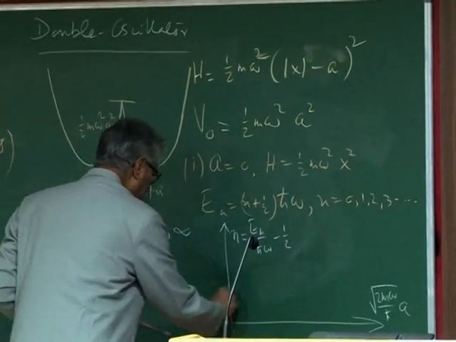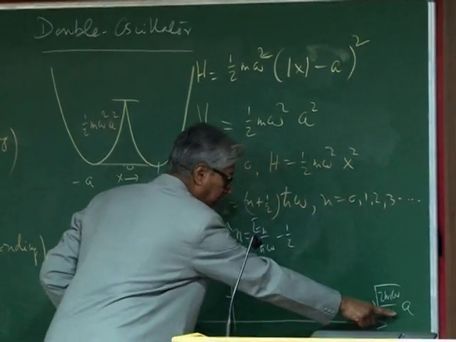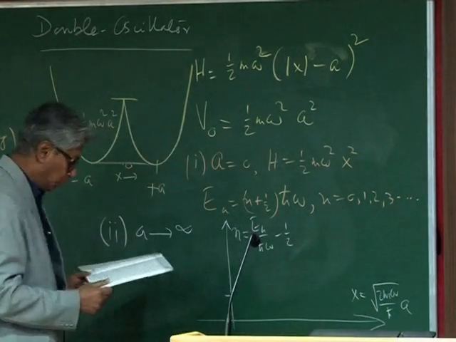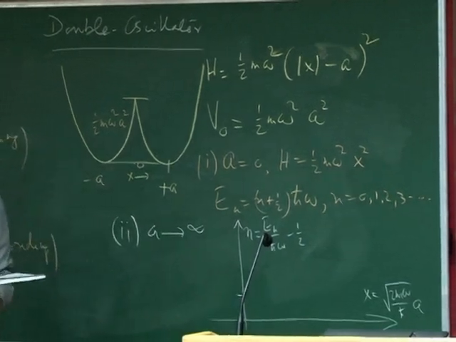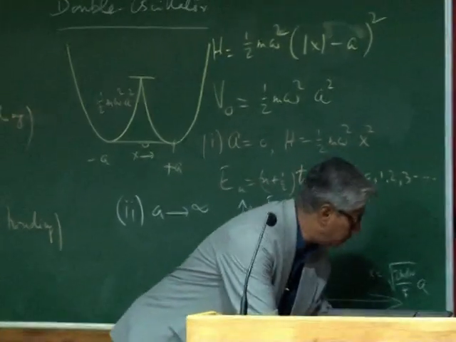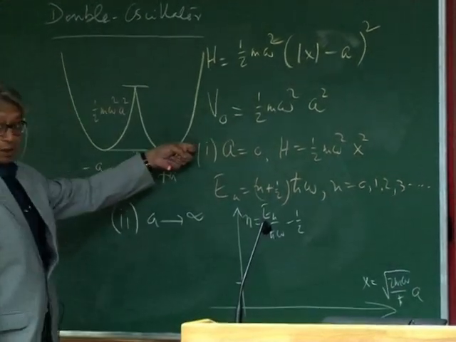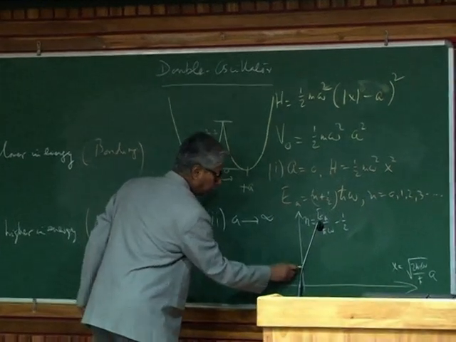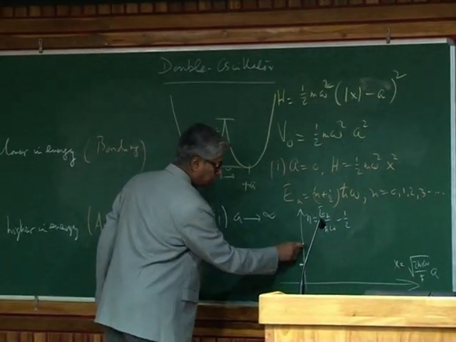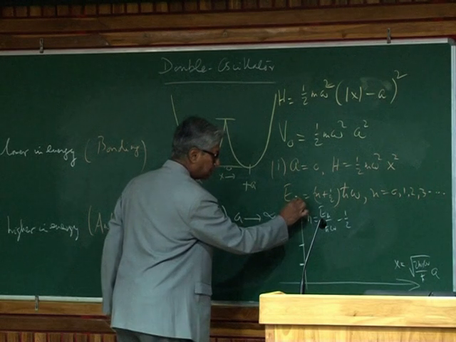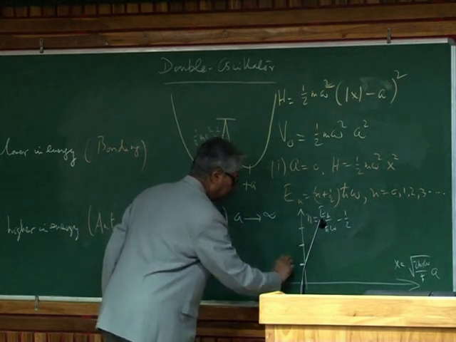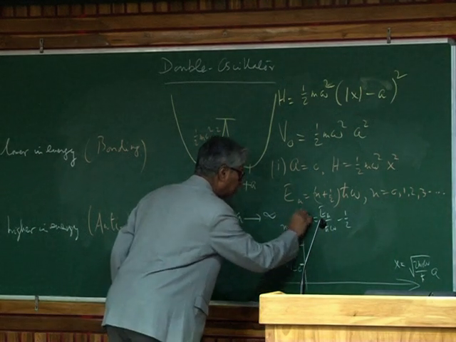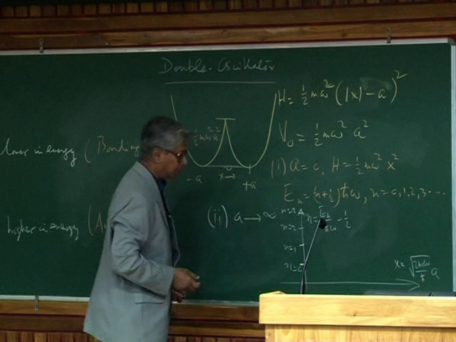So what you are plotting is this value for different values of A, alright? When A is equal to 0, you have a single harmonic oscillator, so you have one energy eigenvalue. As I go along the y-axis at x equal to 0, I have n equal to 0, n equal to 1, n equal to 2, n equal to 3, etc.